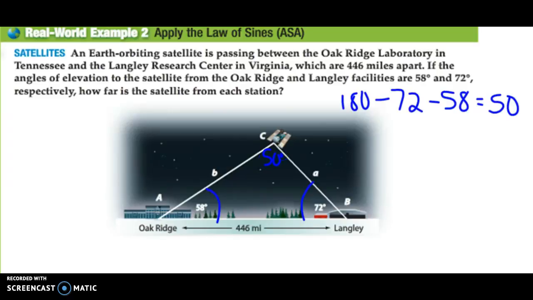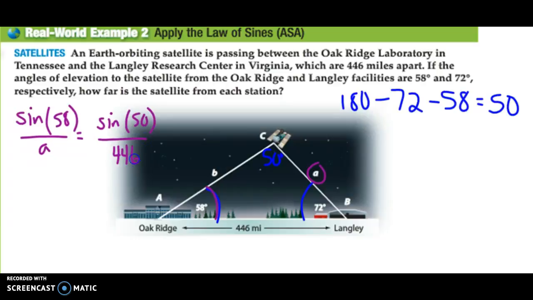Okay? So now I can set up my law of sines. Okay, so I'll say sine of 58 degrees over A, which I don't know, is the same as the sine of 50 degrees over 446 miles.